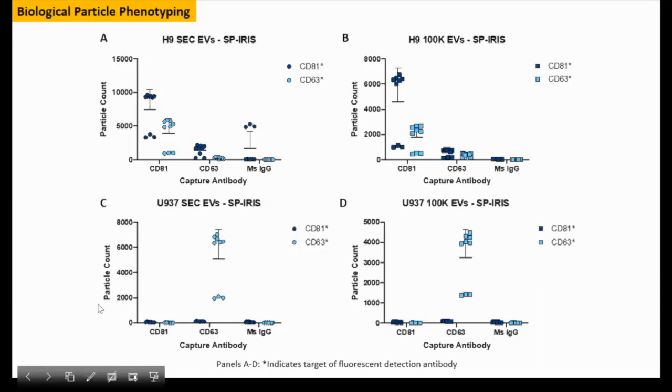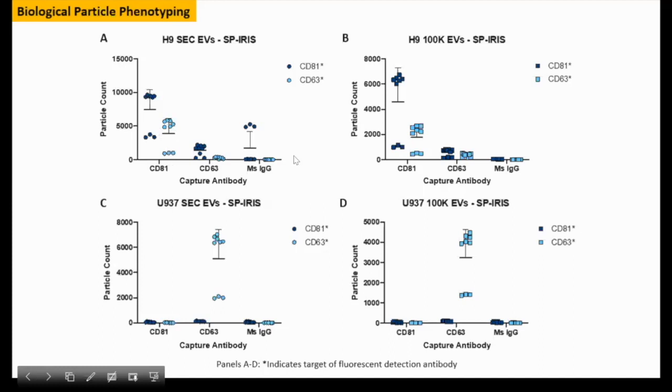And you can see that the EVs captured by CD81 antibodies were also generally positive for CD81 by fluorescence. So this is the round shape dark blue. And some were also appearing to be CD63 positive, and these are the light blue round shape.